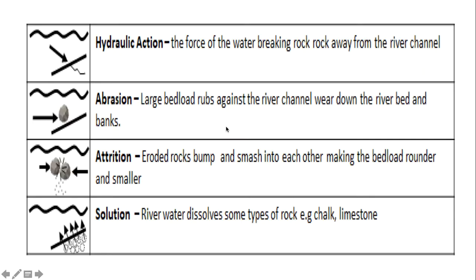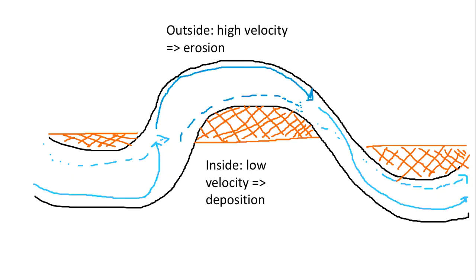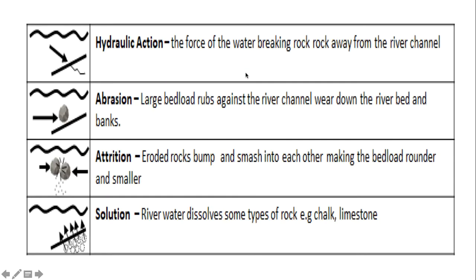Come on, PowerPoint. Right. The other thing that we needed to include is the names of erosion. We know that the river erodes on the outside of a meander due to having a high velocity. And the way it erodes that riverbank is by hydraulic action and abrasion.